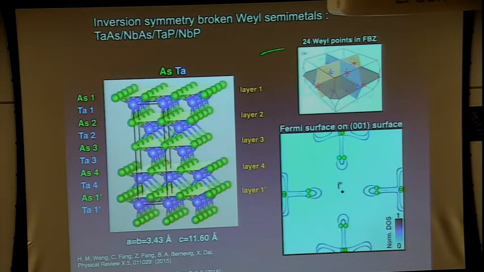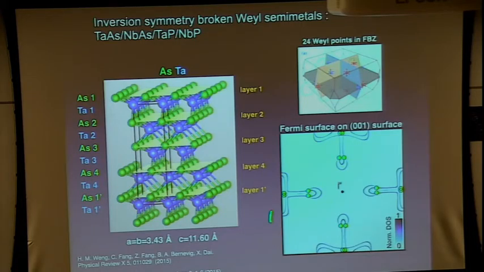And these 24 Weyl points, when you project them onto the surface, some of them lie right on top of one another. You end up with this Fermi surface of the surface electrons. These are basically all the different Fermi arcs that you expect to see for this particular material.